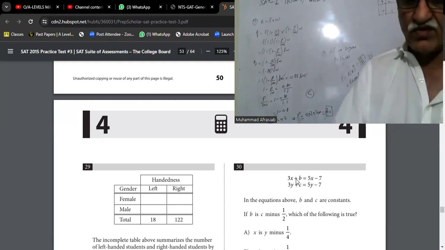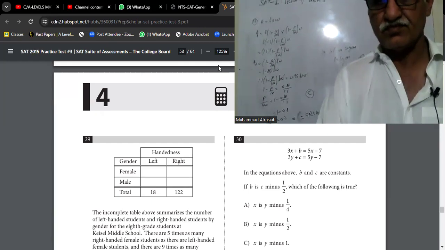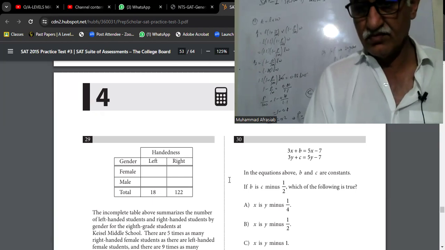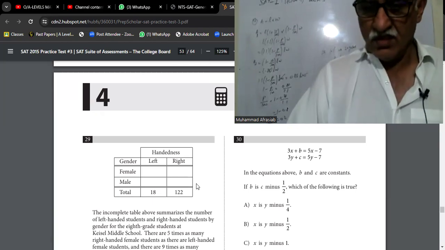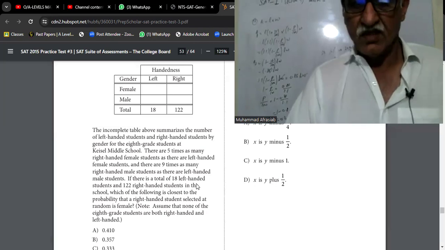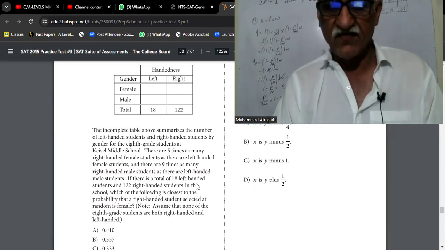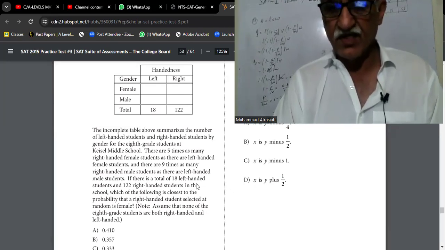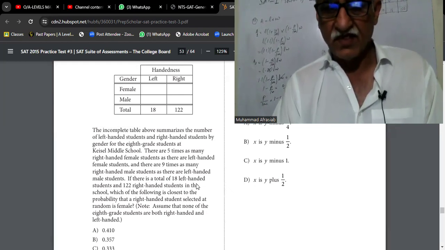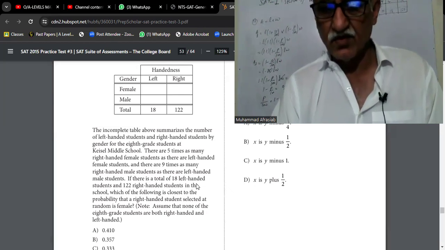Now, the question we are going to read. The incomplete table above summarizes the number of left-handed students and right-handed students by gender at the Cassis Middle School.